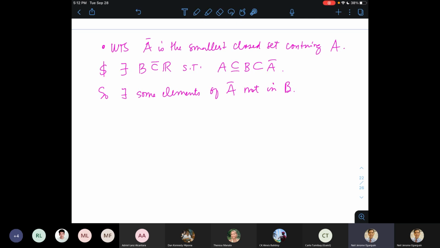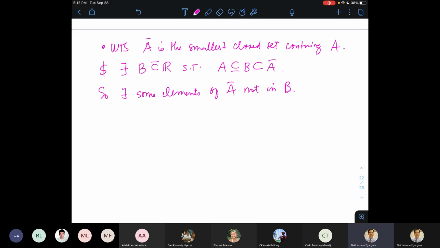Kasi kino-contain na ni B lahat ng elements ni A. So ang kulang na lang ay yung mga limit points ni A. So dahil proper subset yung kine-claim ko dito, na mas maliit si set B, meron siyang elements si A bar na wala kay B. And in particular, those elements can only possibly be some limit points of the set A.